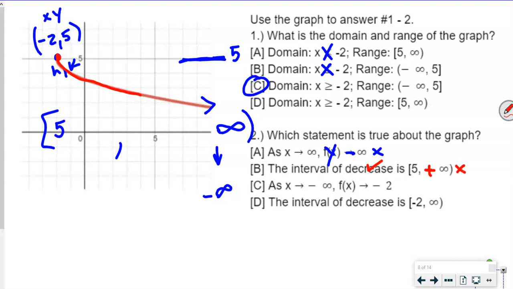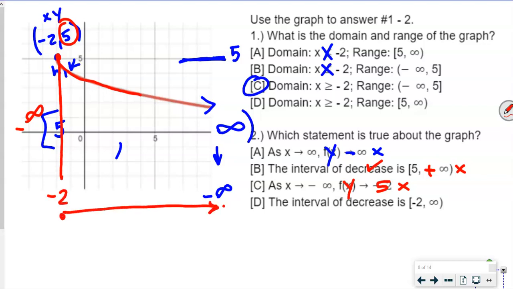Then as x approaches negative infinity, as we go this direction, y'all, again, what is the y value of our graph right there? That's 5. So that's not true, right? Then it says the interval of decrease is from what? So look right here. What's the interval of decrease? From negative 2, that's where it starts, and then where does it go to? What is the x value over there?